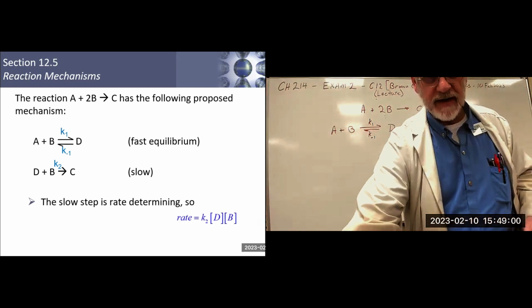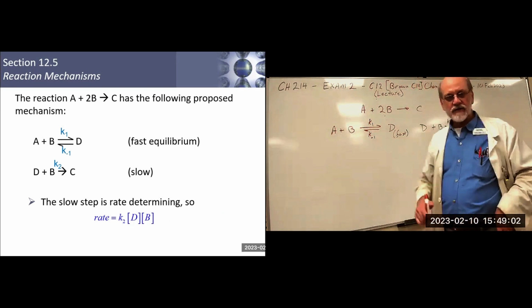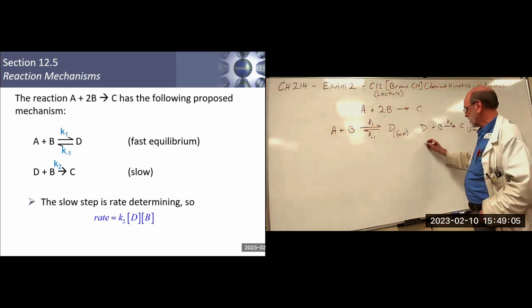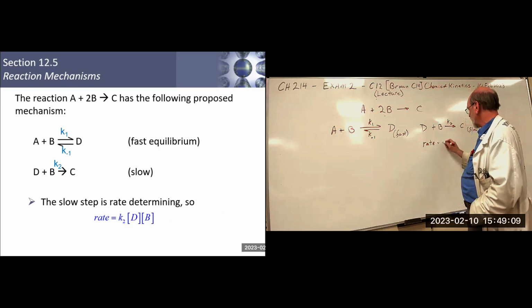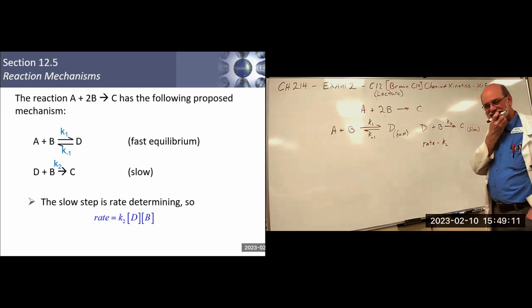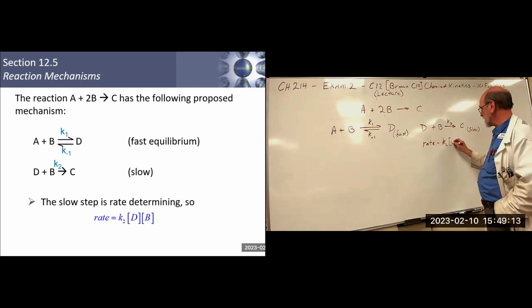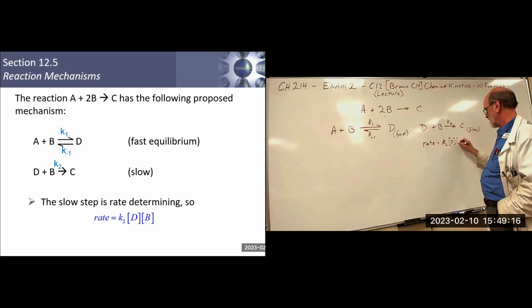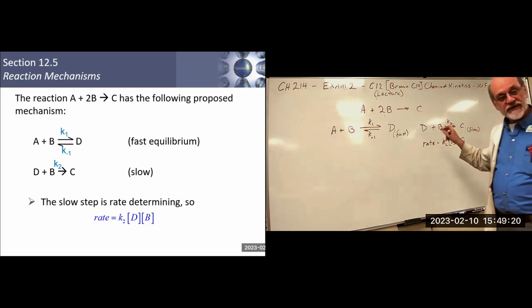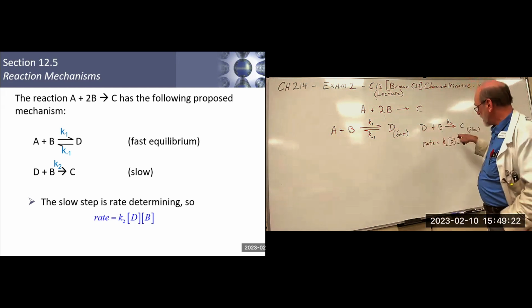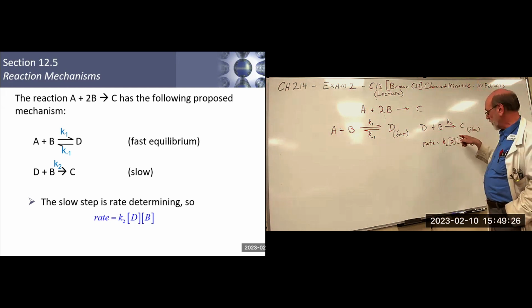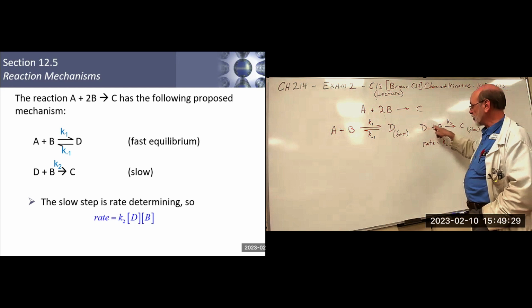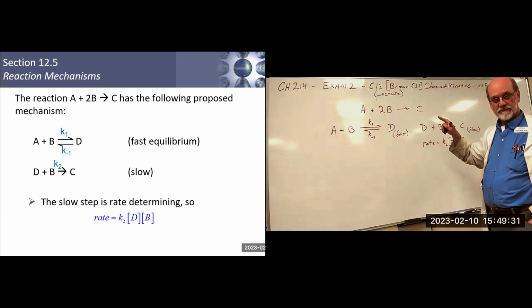What would be the rate for this one? All right, let's see if I got it animated here. The rate for this one is equal to that K2 times the concentration of D times the concentration of B. Notice in this case, because these are elementary steps, the order for each one is also the coefficient for each one.